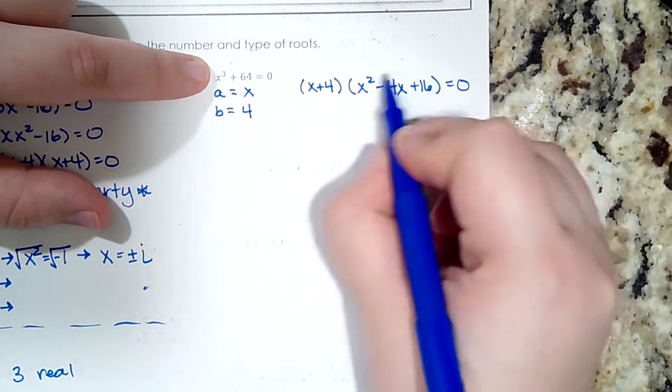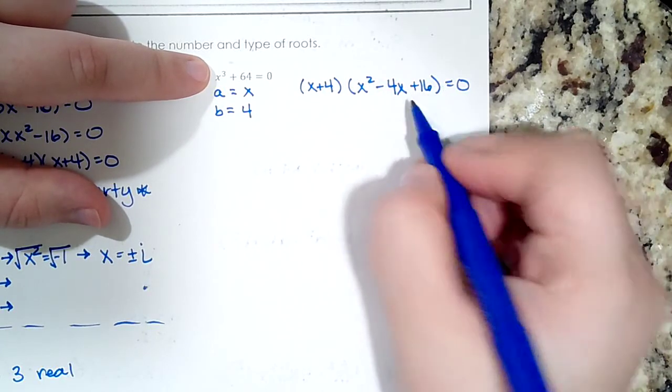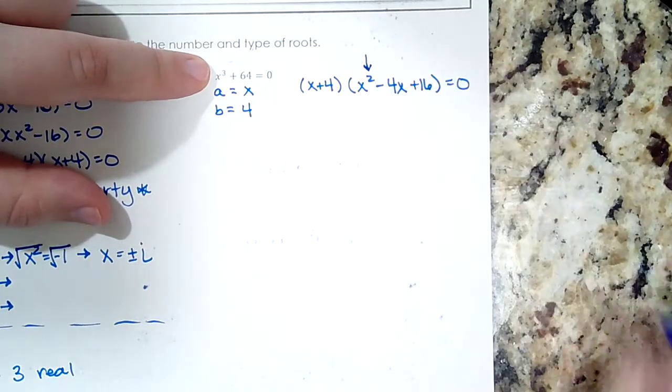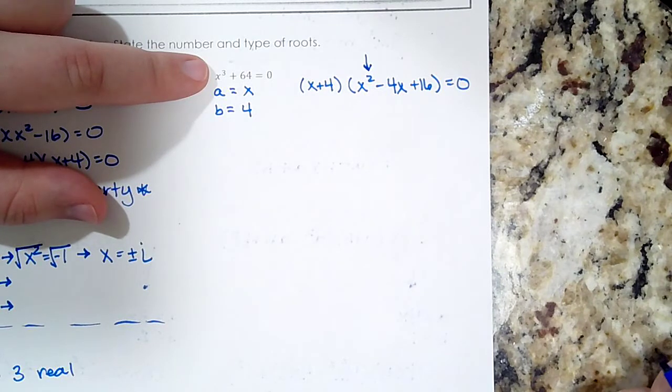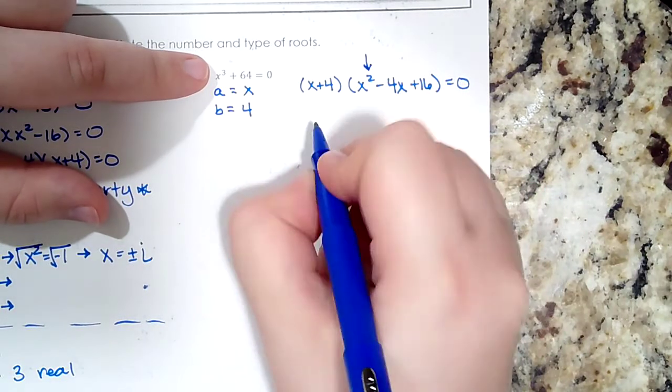I notice this one can't be broken down. However, because it has a squared here, I need a way to break it down. Bring back that quadratic formula, people.